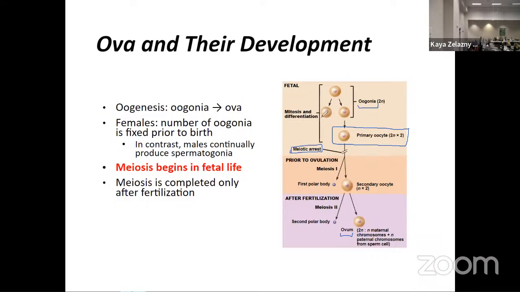So we can't go back and do more mitosis. Okay. So that meiosis starts in fetal life, pauses, and then continues during the menstrual phase. And actually, meiosis isn't fully complete until after fertilization. So it's a really complicated timeline we have going on here.